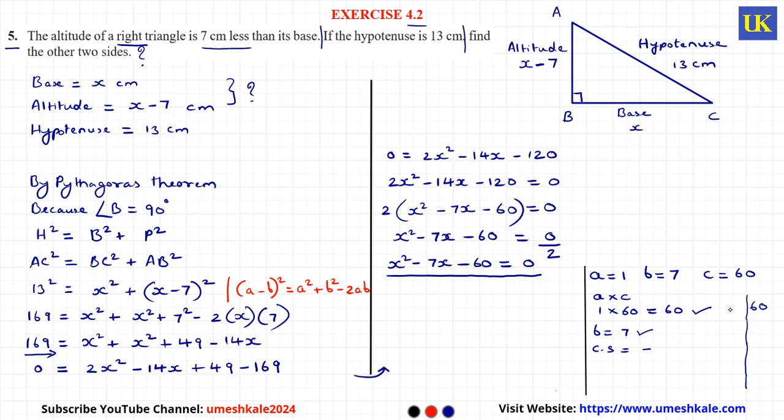So 2 3s are 6, 0, 2 1s are 2, 1 is carry, 2 5s are 10, then 3 5s are 15, and 5 1s are 5. So these are our factors.